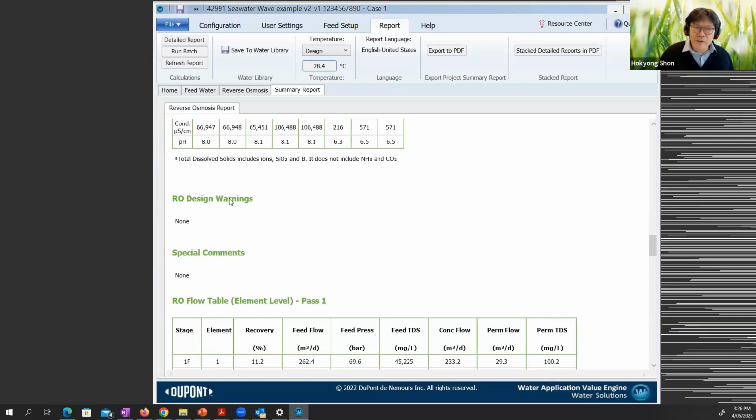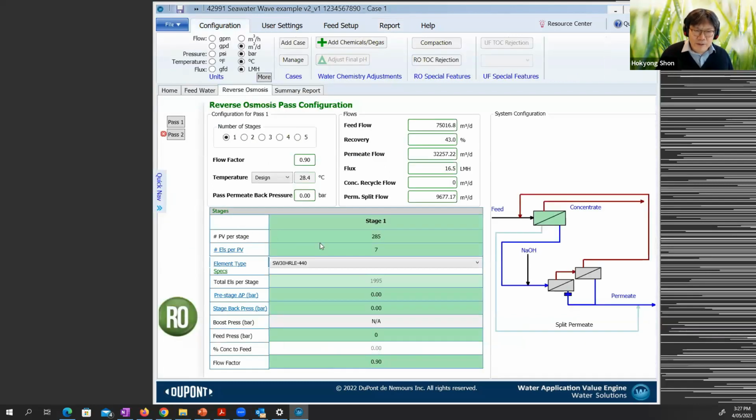So it doesn't really matter whatever value you put in or not, as long as you have no RO design warning, that's enough. But if you have something wrong, for example, let me change it to, let's say, 10. Let's see what design warning we would have.